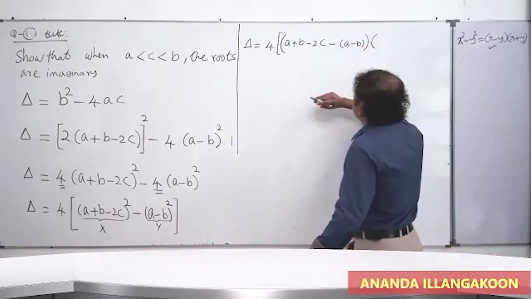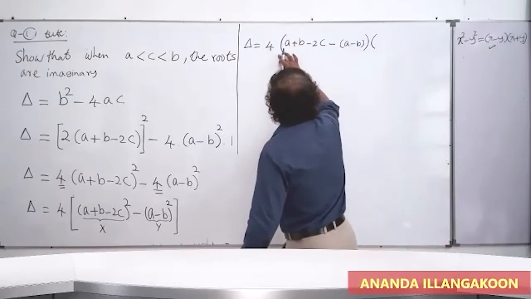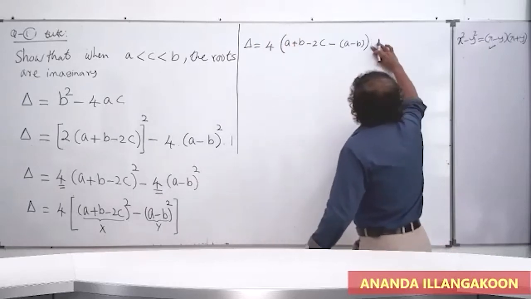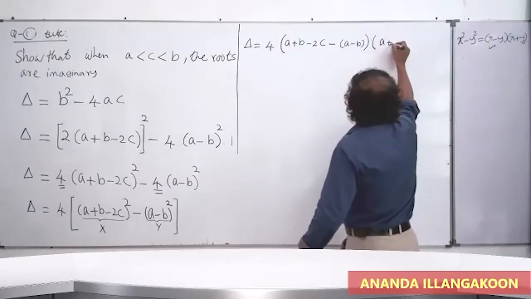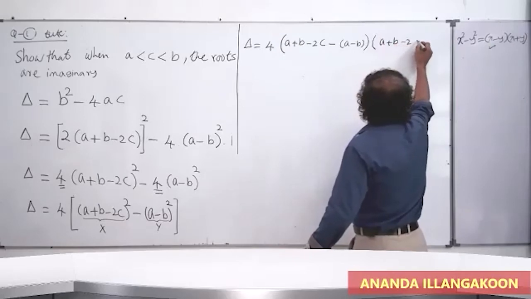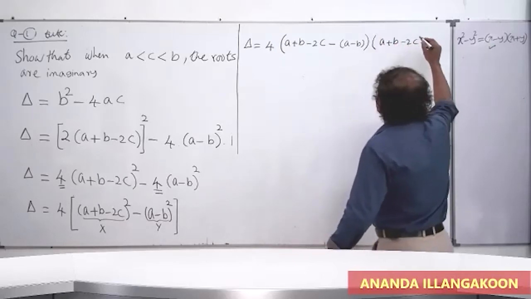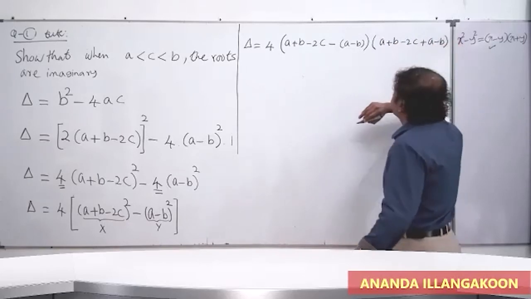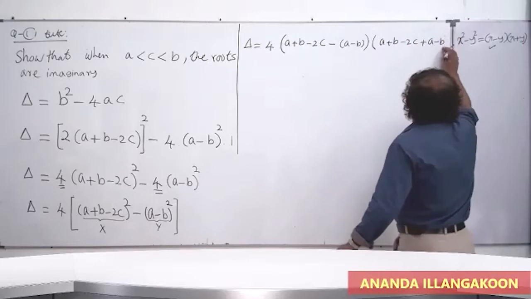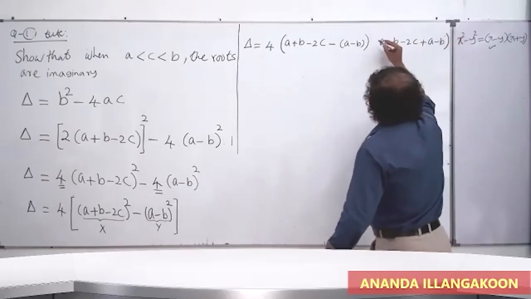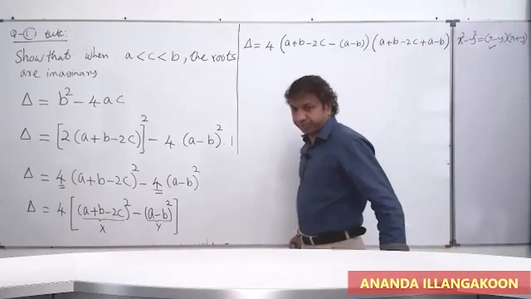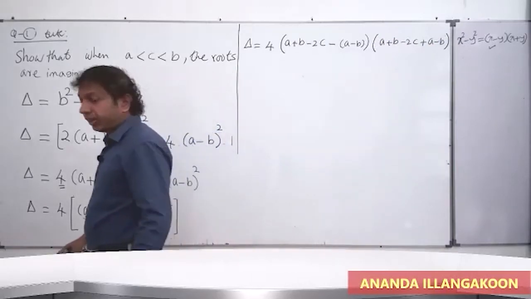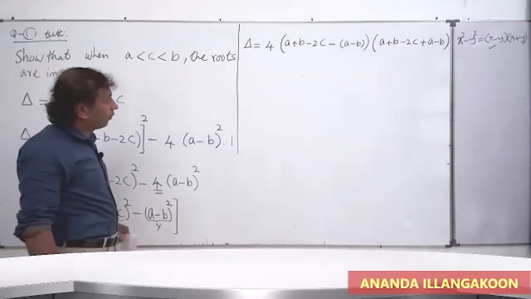Second factor, people: a plus b minus 2c plus a minus b. This way you can write the two factors. Two factors we can write like that: x minus y, x plus y.